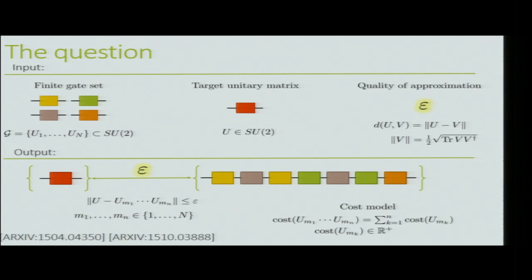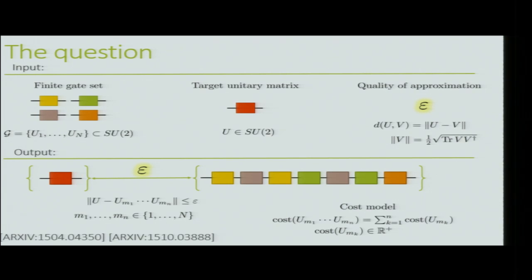We are also given the required quality of approximation as part of our input. The distance function that we're using is 1/2 of the square root of the trace of U V dagger, where dagger is the notation for the conjugate transpose of unitaries. So if you have a special unitary like this, it is V star U star, where star is complex conjugation and conjugate transpose.